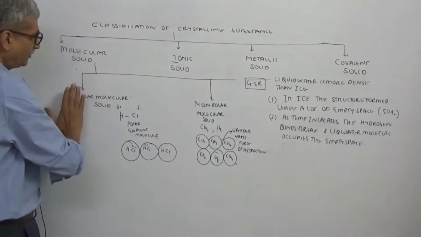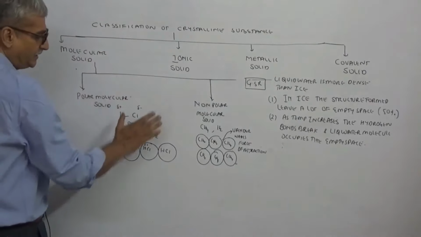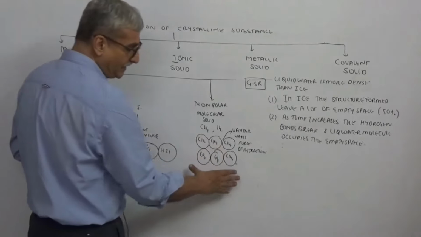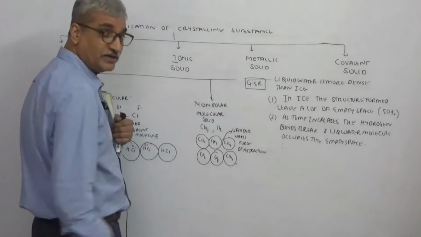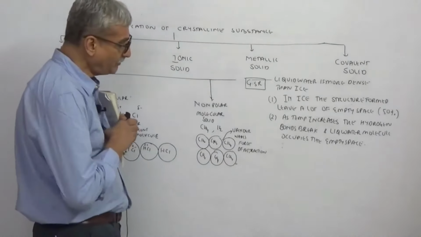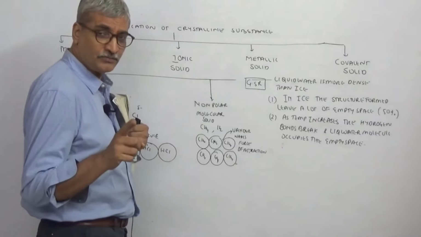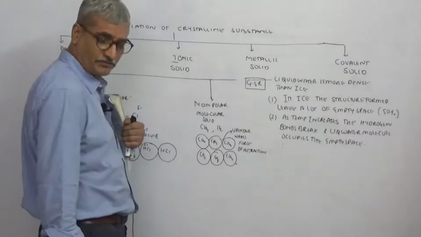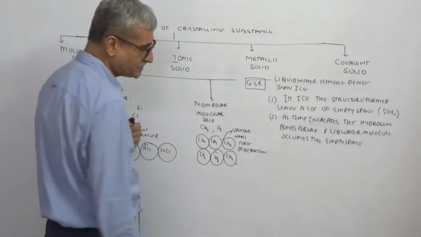So this was about what? Molecular solids. Divided into what? Polar molecular solid. Here they will be held by dipole-dipole interaction. If you solidify methane or any non-polar substance, why do you say they are non-polar? Dipole moment is 0. Then they are held by van der Waals forces.